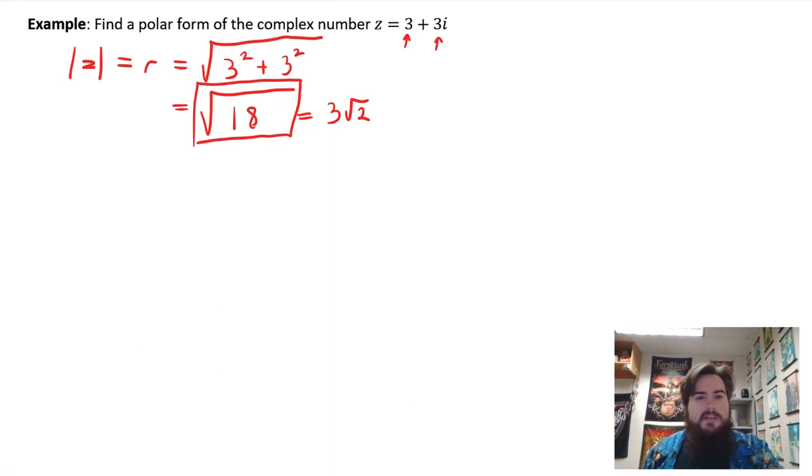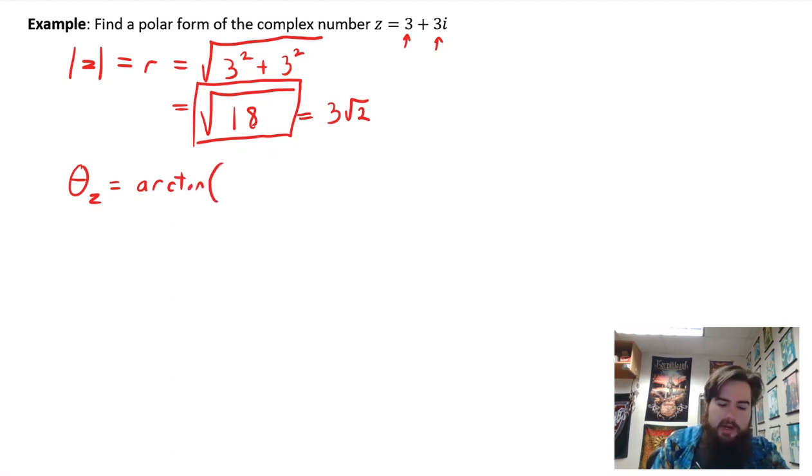Then we also need to find the value of theta, the argument for z. In order to find the argument, we are going to apply arctangent to this for our imaginary and our real.